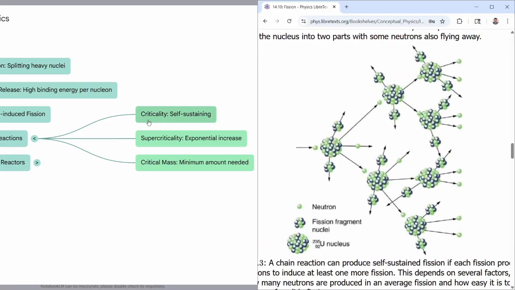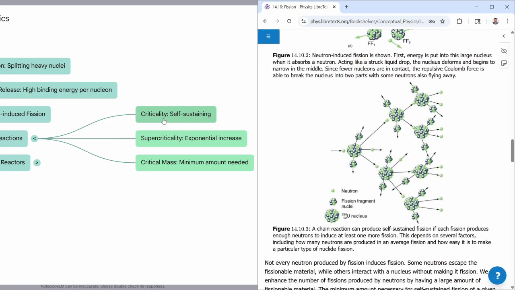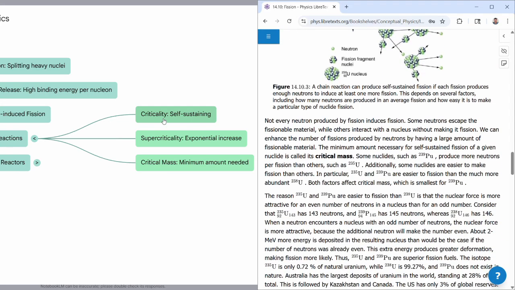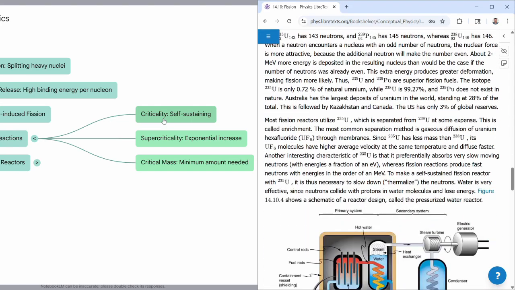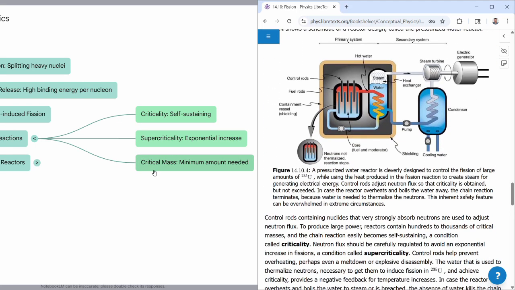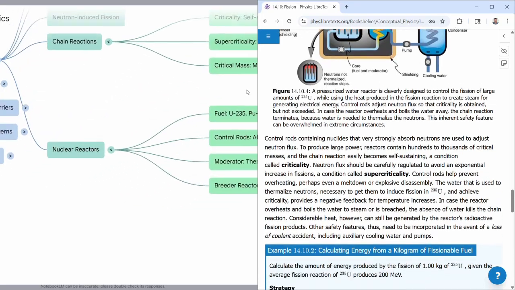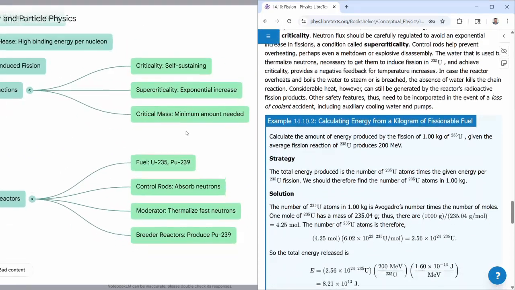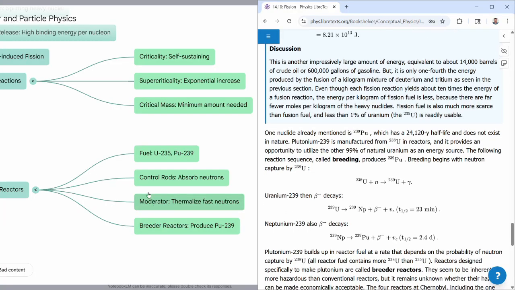There's an important aspect of criticality, which goes to whether each reaction produces more neutrons than were needed to get to that point. And this is an important consideration in the operation of nuclear reactors and nuclear bombs. I don't think I go into as much detail on it. I don't think I talk about moderators and control rods.